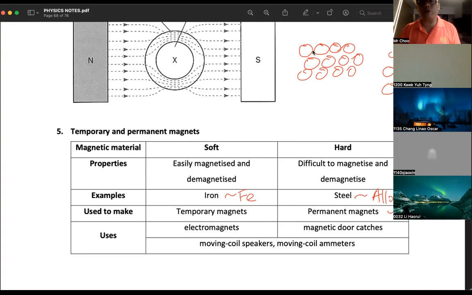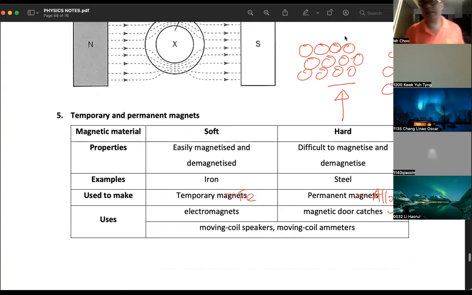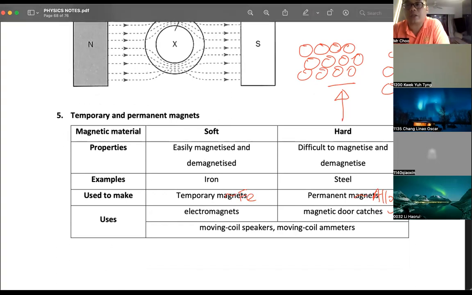Because this is so regular in shape, if you were to try to push this way, this atom should not be that hard to push up. But because of the additional carbon atom inside here, it's harder to push.